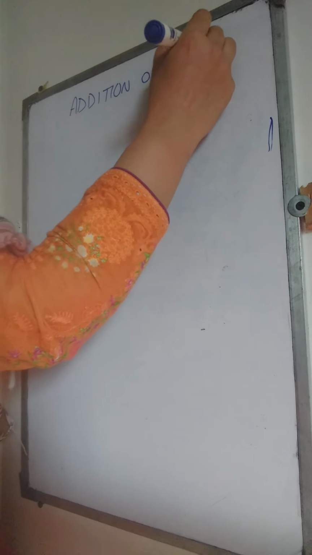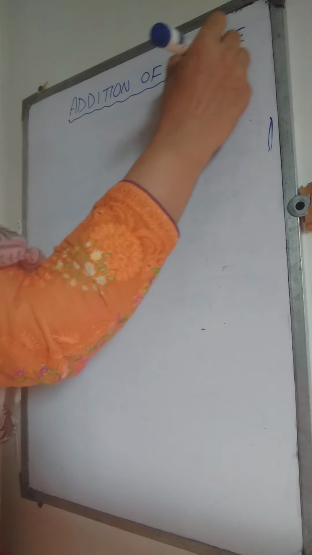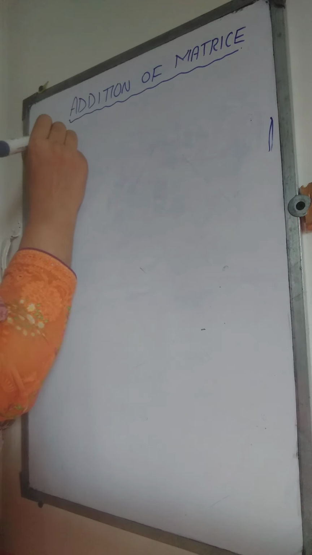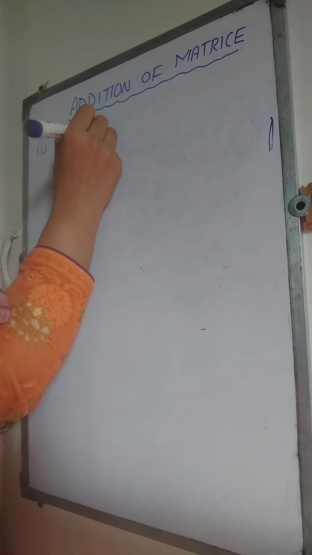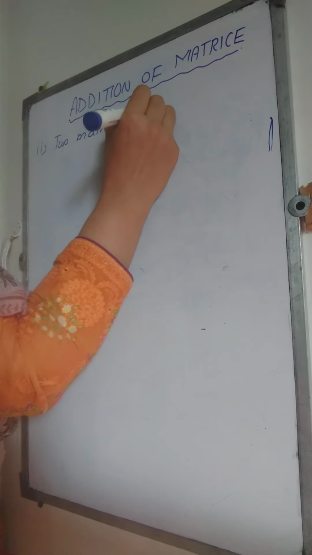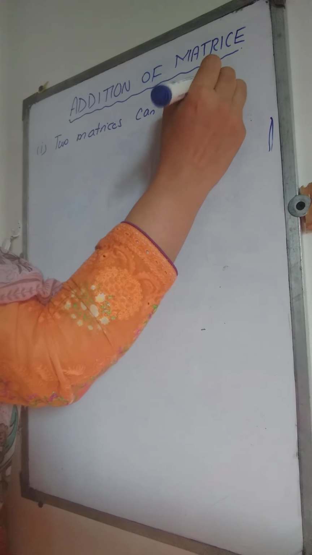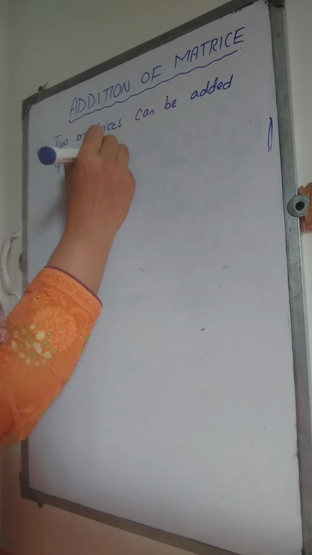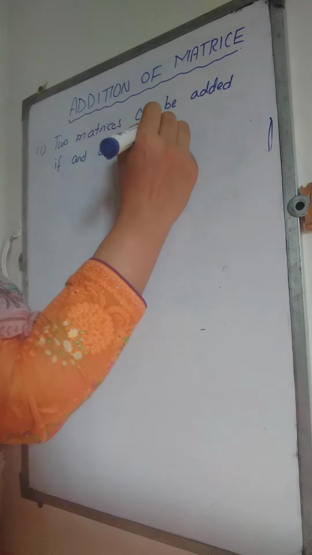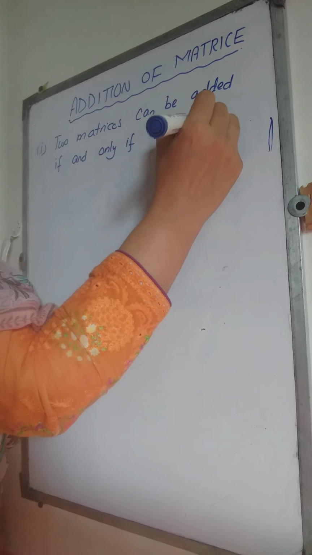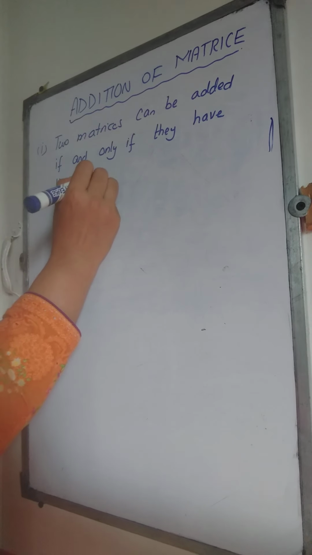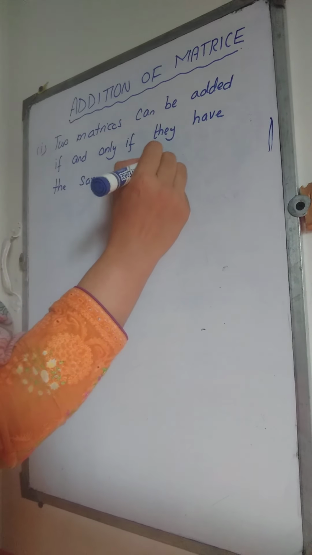Addition of matrices. The first thing that we are going to see is that two matrices can be added if and only if they have the same order.